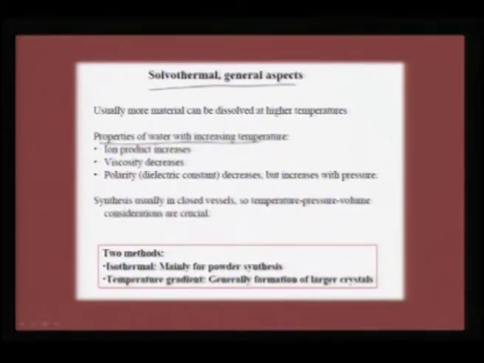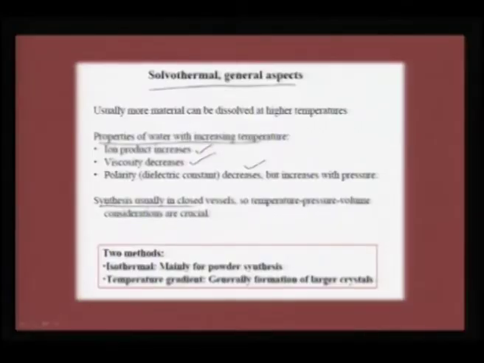For example, with increasing temperature, the ionic product increases, viscosity will decrease, and the polarity will decrease, but with pressure the polarity of water, that is the dielectric constant, will also change. As a result, the behavior of water itself will be different at its critical temperature.